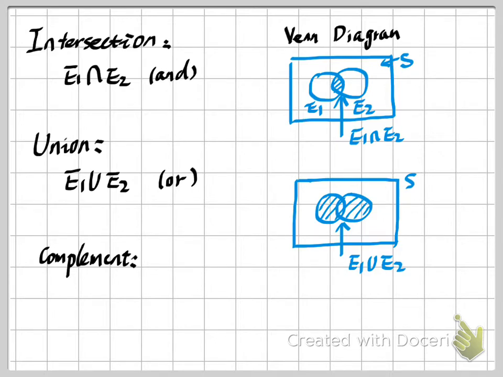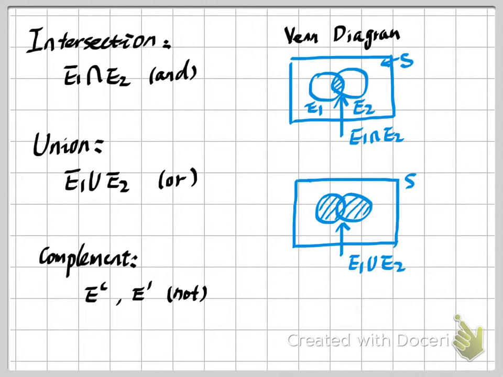It shows the elements not in one set. For the symbol of the complement, we have two ways to denote it. We can use E upper C, short for the complement of E. And also in some textbooks, we use E prime to say this is the complement of E. Both of these two symbols are correct. It just depends on the textbook you use.